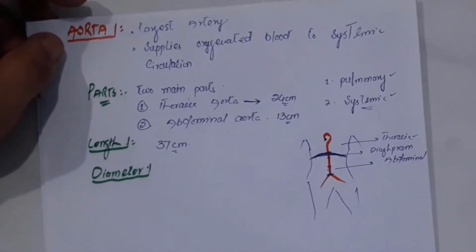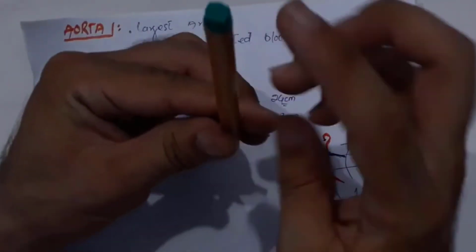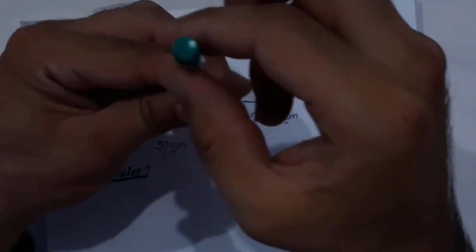By diameter we mean that if this is a vessel, this is its length and this is its diameter.